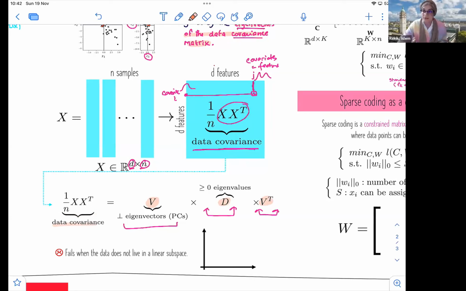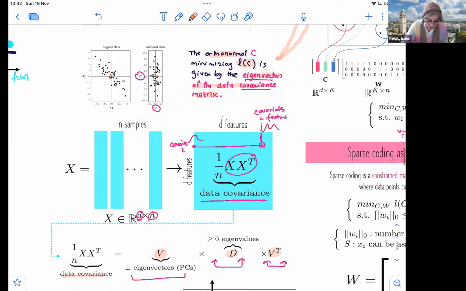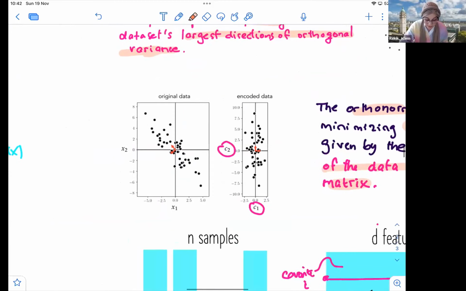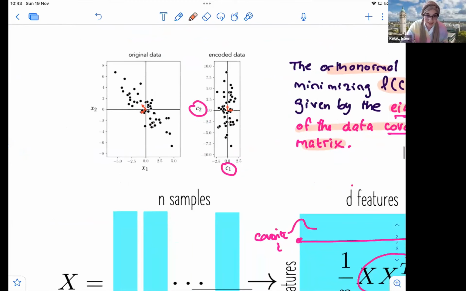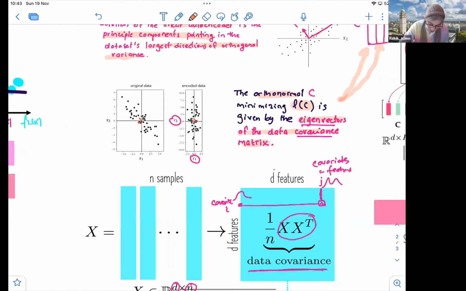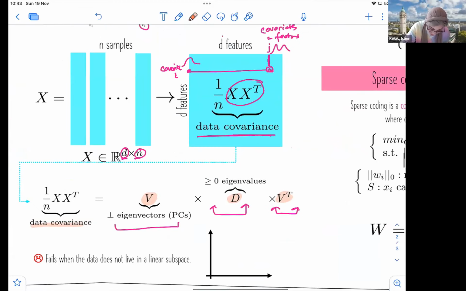So the case where PCA fails, if we think about it: PCA works in a space where we try to find the orthogonal spanning set that maximizes the data variance. But what if we have the data lying in completely different subspaces?